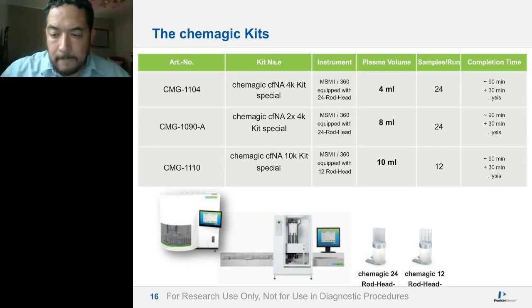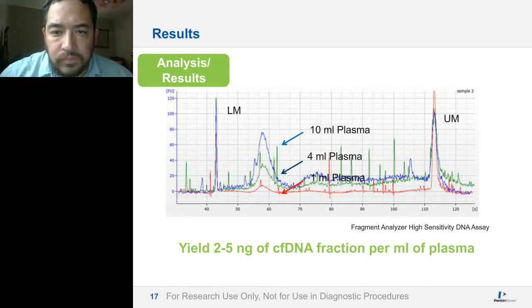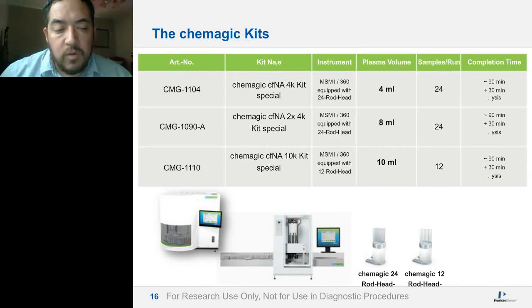As I mentioned, these results are very scalable. If you look at an example trace, with the low molecular weight marker and high upper marker, you can see what we get from 10 mL of plasma, 4 mL of input plasma, and 1 mL of plasma. Just to take a step back before I move on, we also do have a solution for 1 mL plasma using our 96 rod head, where we can split the 1 mL into 333 microliters and use 3 plates in concert.